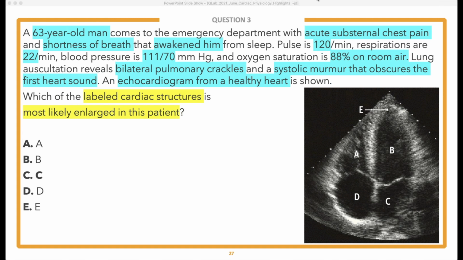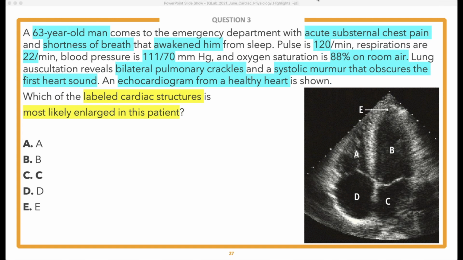Then we're trying to figure out which ventricle is which. Well, usually the left ventricle is bigger than the right ventricle. So that would mean answer choice B is probably the left ventricle and answer choice A is probably the right ventricle. Then we can connect the dots. We see that valve connecting B and C, so that would mean that C is the left atrium.